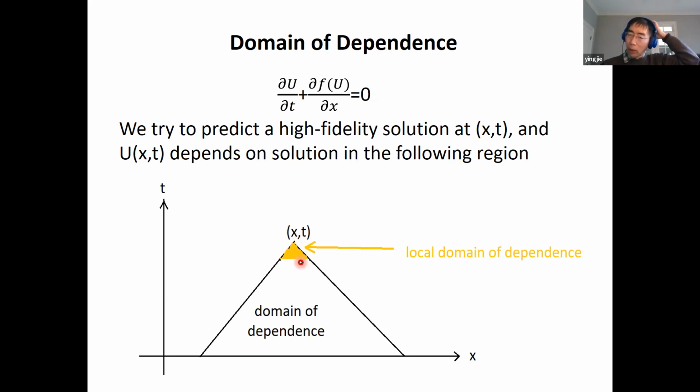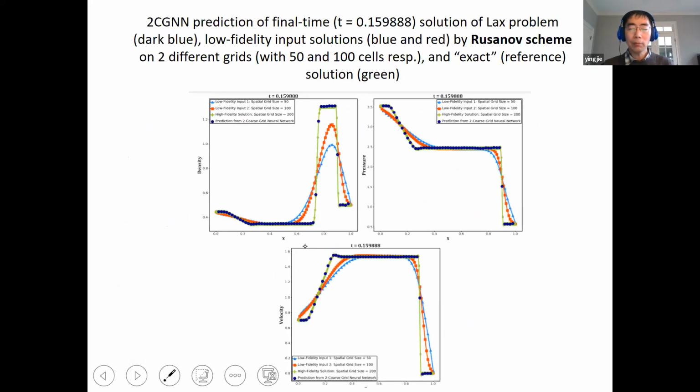The coarse solution should be close enough to your true solution in order to make a good prediction. This method cannot solve all problems. You can see from this result that the input is very smeared.